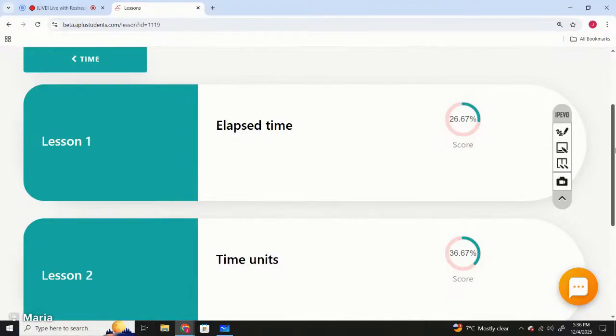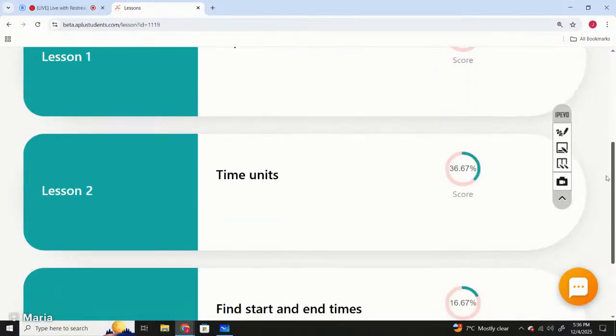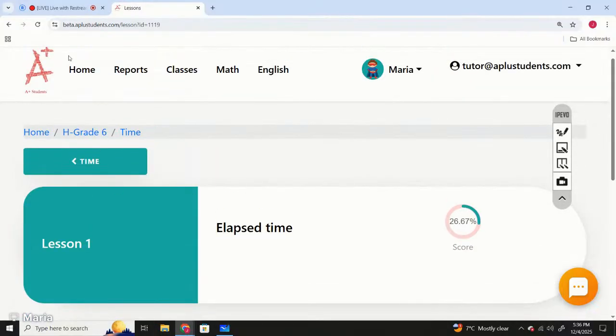We were working on grade 6 math. The chapter we were working on is time. The lessons we have covered today are elapsed time, time units, and find start and end times.